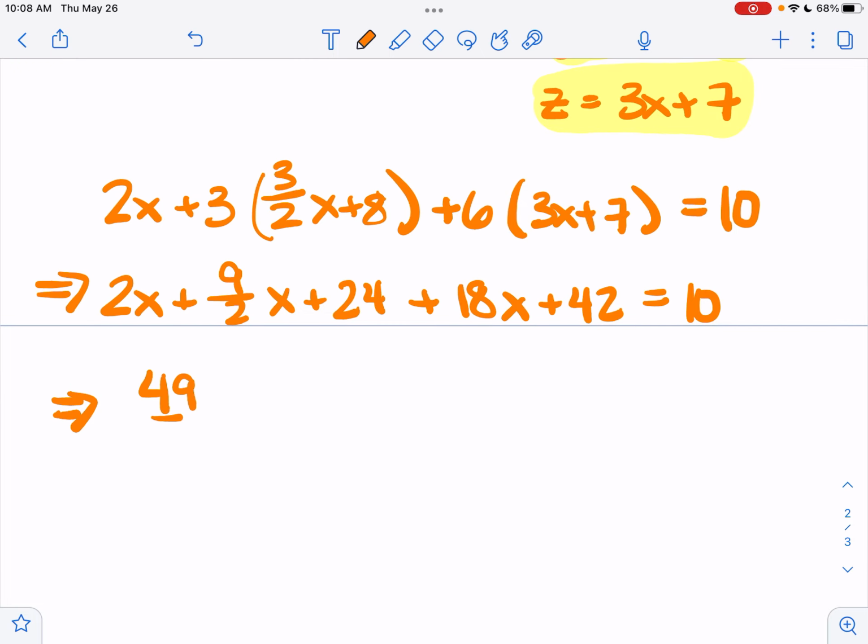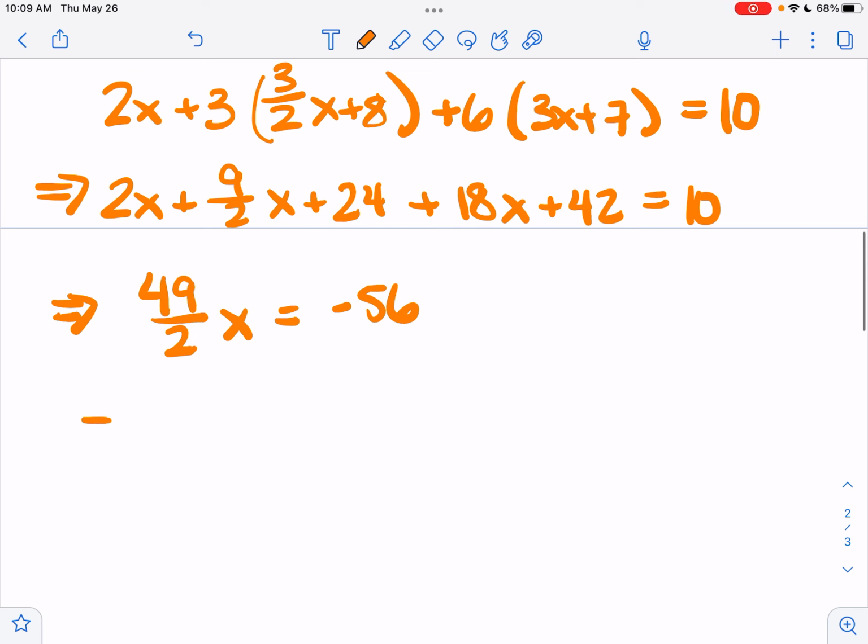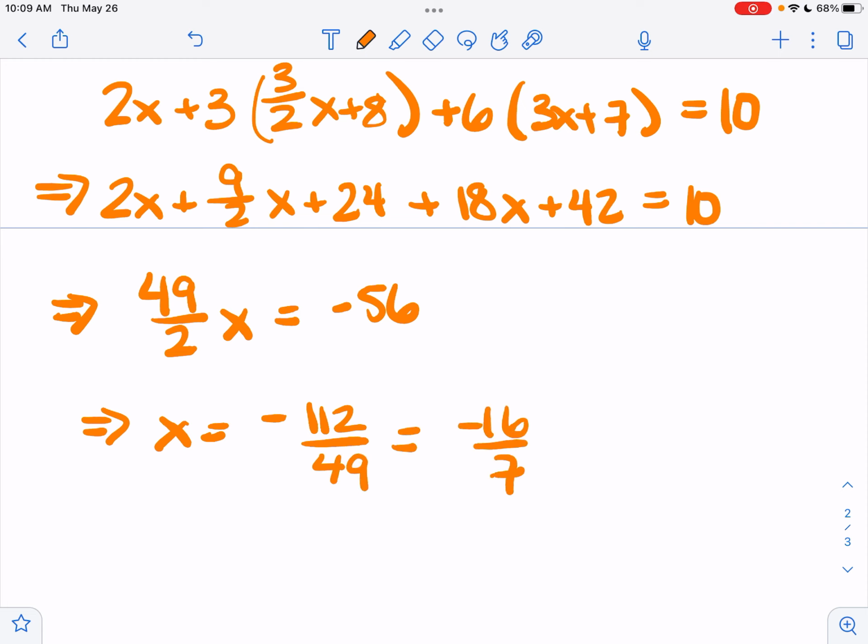So 49 halves times x equals, let's see, 42 and 24 is 66. 10 minus that is negative 56. And so we have x equals negative 112 over 49, which reduces to minus 16 sevenths. So that's x. There's one solution for it.